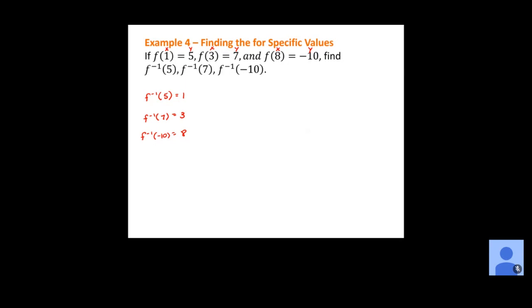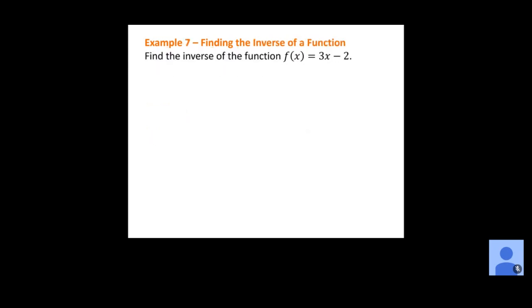All right, so that's how we do it if you're given specific points, right? All you got to do is switch the x and y values there, and that'll give you what we've got for those points. And now we're going to look at an overall function, right?